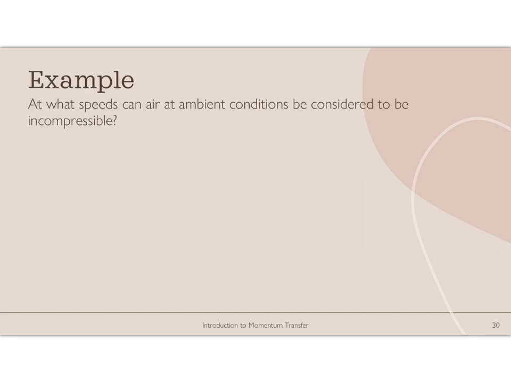So let's look at an example, and we want to know at what speeds air could be considered an incompressible gas. For ambient conditions, I'm going to assume that air is 298 Kelvin.